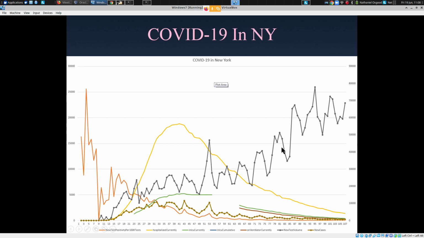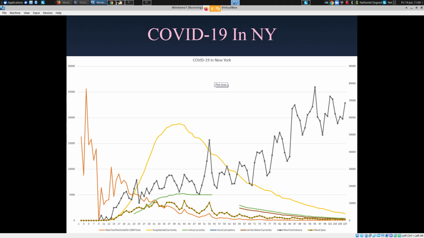And surely as we do many more tests, we'll probably get lower positivity rates because we're testing less risky individuals. The number of people who are in hospital right now are a reflection of new cases, but they're also a reflection of past cases because people might stay in the hospital for a couple of weeks, for example, in ICU. All this data is, in short, intertwined.